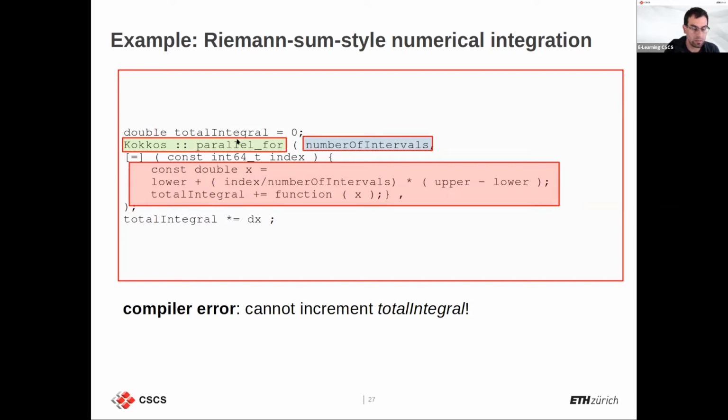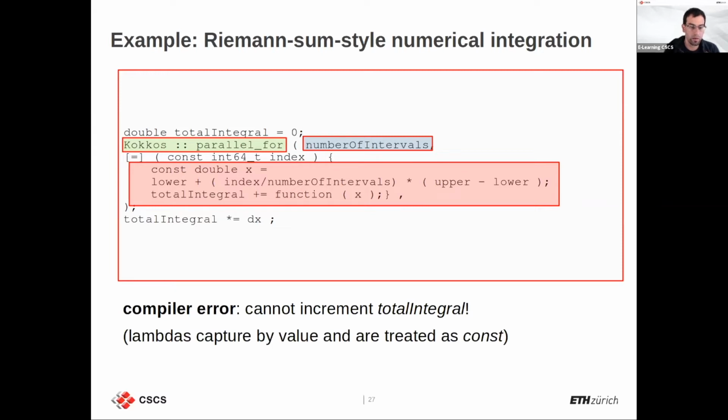The integral is outside. There is a trick you can use, for example pointers, but nevertheless in this case you could have a race condition. So what can we do to solve this problem?